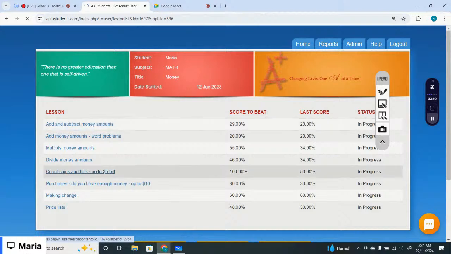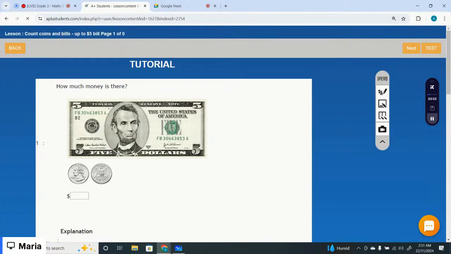The next lesson is count coins and bills up to $5. So you have to count the money amounts.